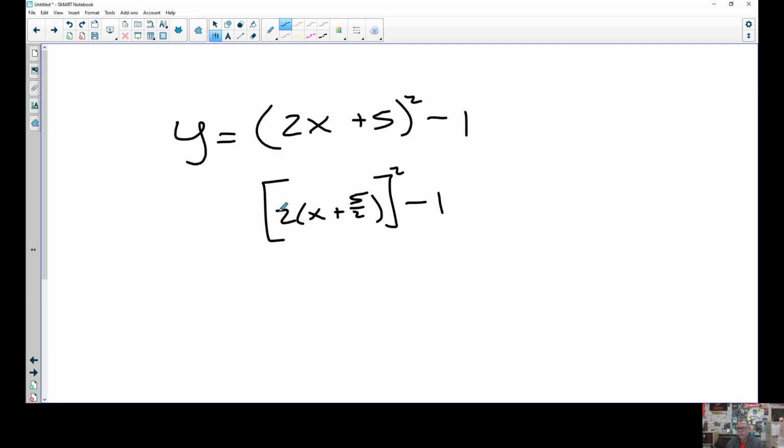All right, so what do I have here? I have 2 that's inside the function, right? So inside automatically tells me that I've got horizontal. This is going to be compression, right? Because it's greater than 1, by a factor of, and it's going to be 1 over, because it's horizontal, we do 1 over A, so that's 1/2.